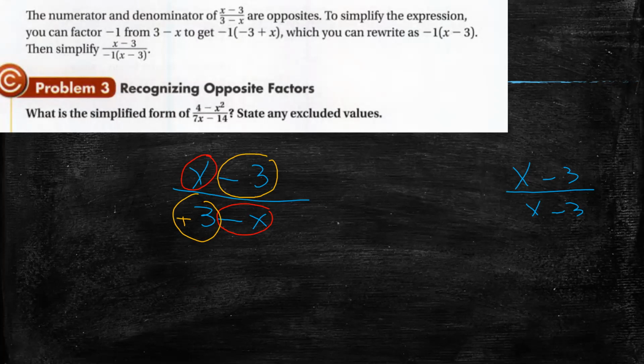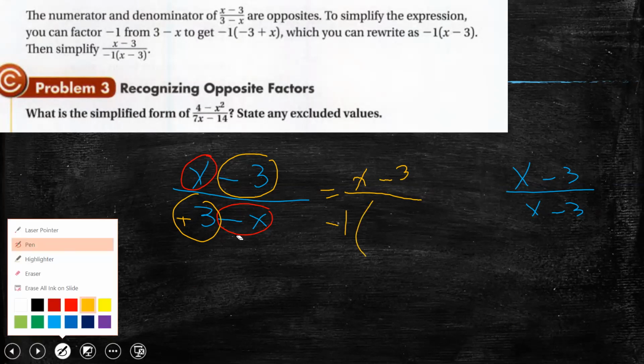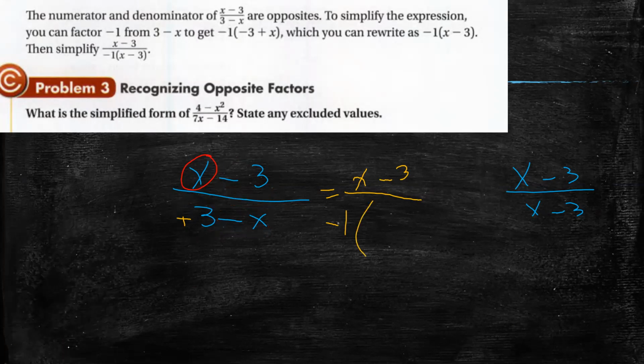How? You will keep the denominator, the positive x, as it is, and you will change the ones that have a negative sign, by taking negative 1 as a common factor. When you take negative 1 as a common factor, as I told you yesterday, divide the first term by negative 1.